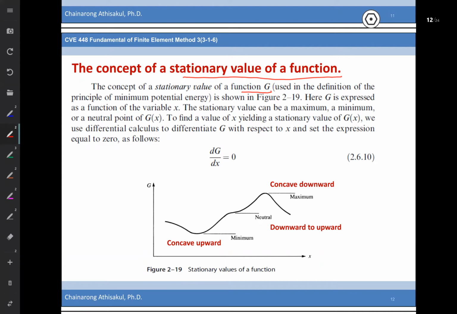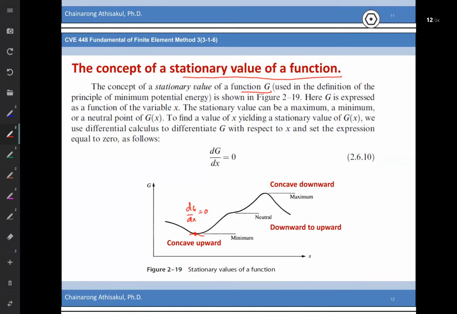If the curve is concave upward, and we consider the point where the slope is equal to 0, that means dg by dx equal to 0, the slope of this function is 0.